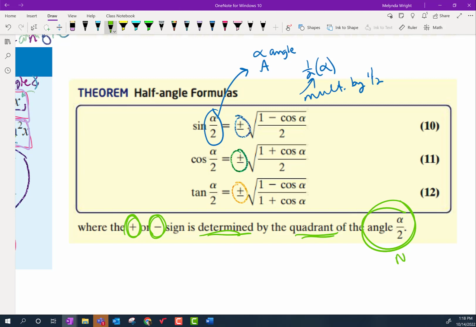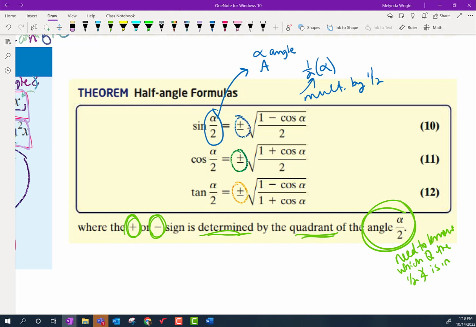We need to know which quadrant the half angle is in. Okay, so that's what's going to help us with whether it's plus or minus.